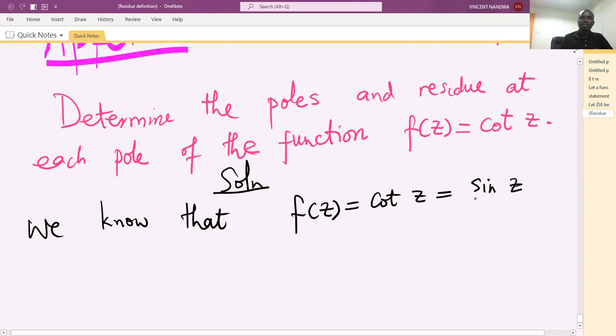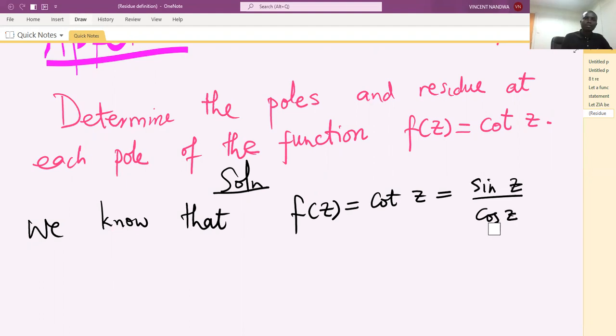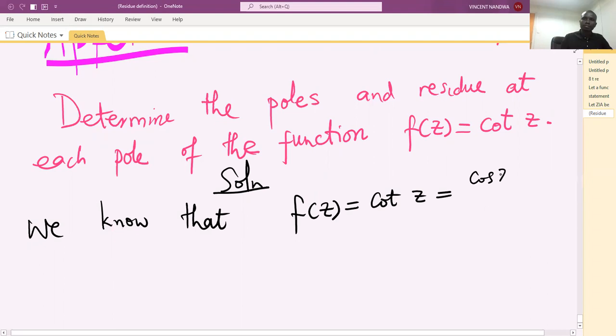That's the definition of a cot function. Cosine over sine. That's what we have by definition.